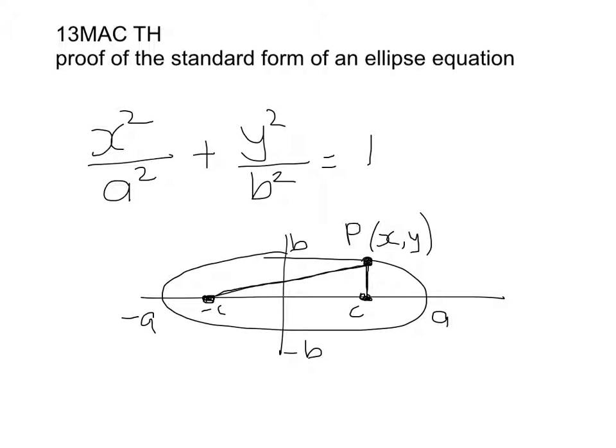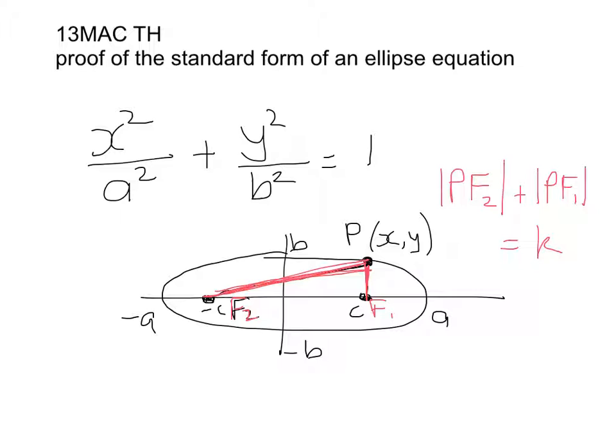If this is point P and this is F2, we'll call this F2 and F1, if we look at the points that satisfy this condition, so that the distance from F1 to P plus the distance from F2 to P is always the same number, then it traces out an ellipse.